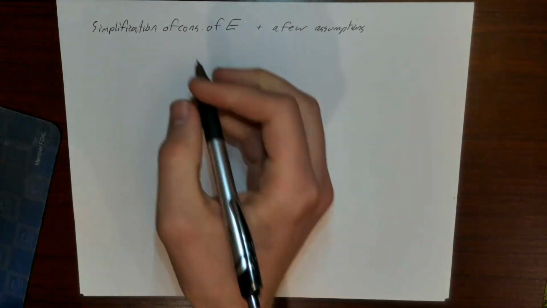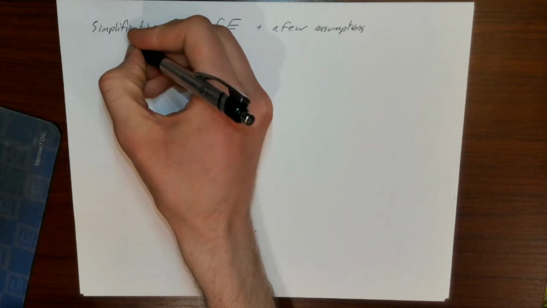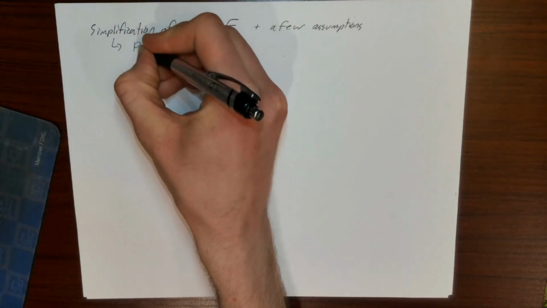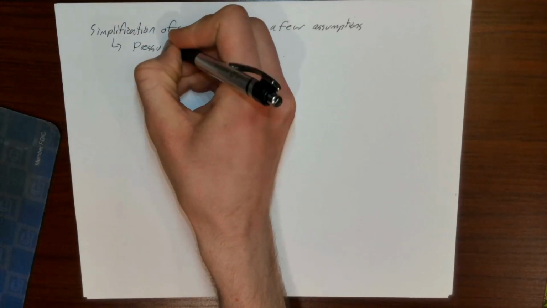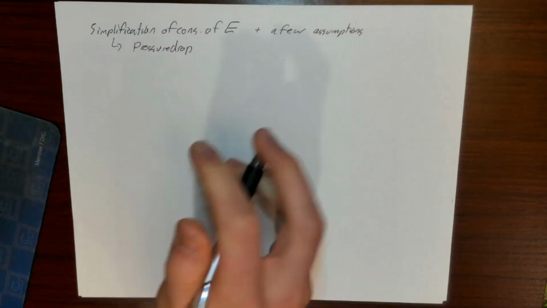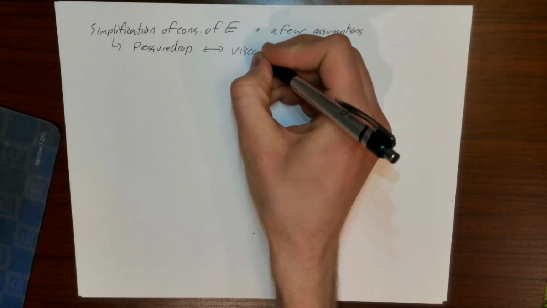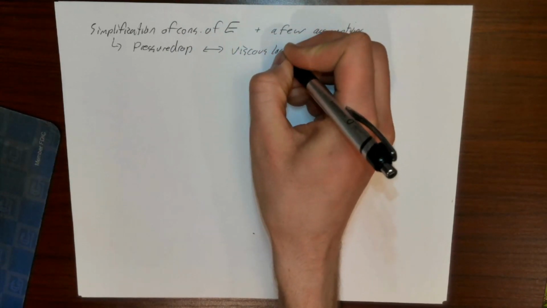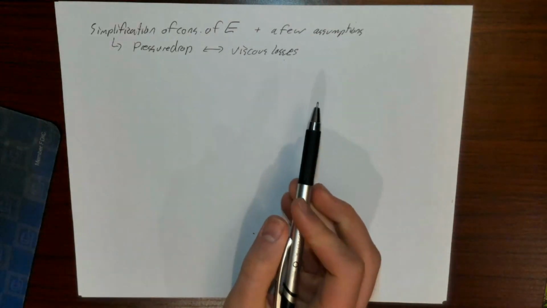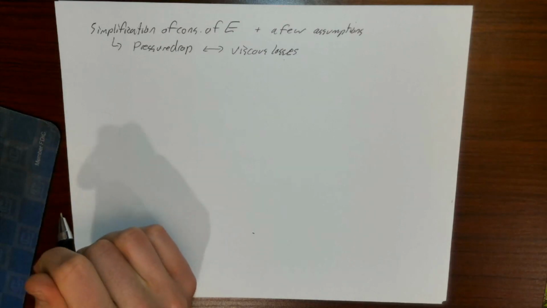And in doing so, we'll basically make a connection between a pressure drop in pipes and viscous losses due to flow through those pipes. So we'll basically make this connection via conservation of energy.